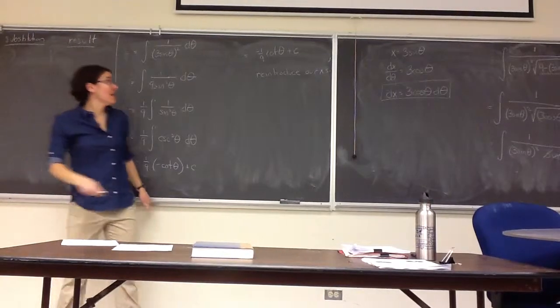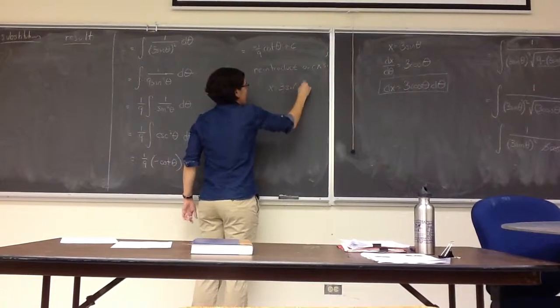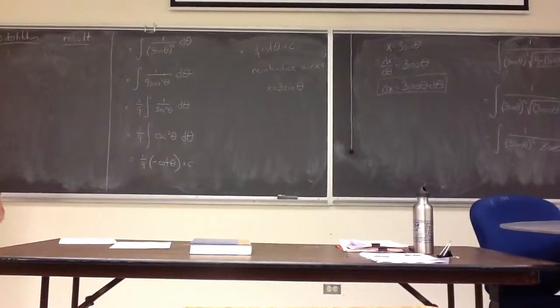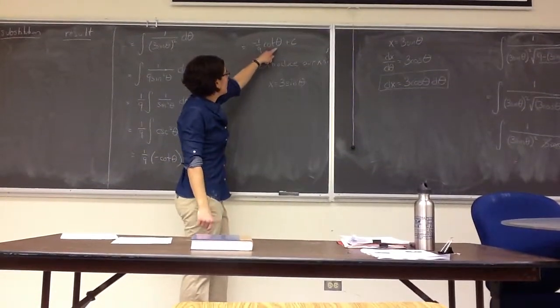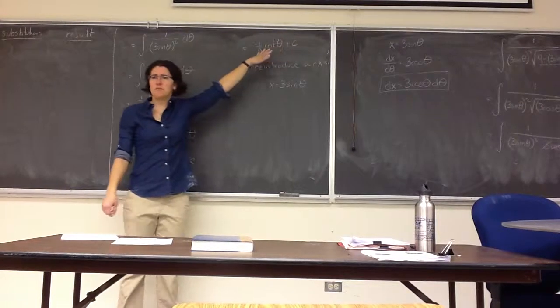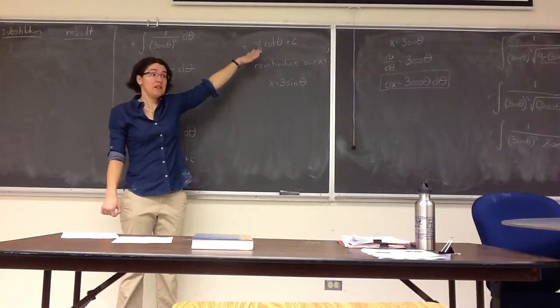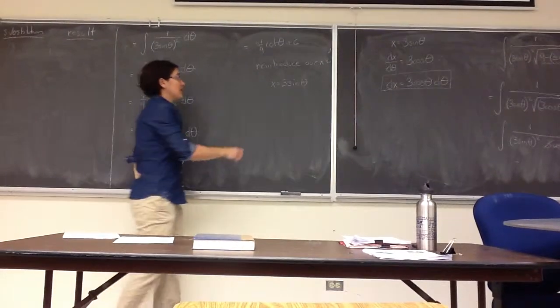So what you might remember is that x was equal to 3 times the sine of theta. Hopefully you have that boxed off on your paper. And so the question is, what are we going to do with this expression up here? The answer is, I really need to know my trig well at this point. Because I have x equals 3 times the sine of theta.